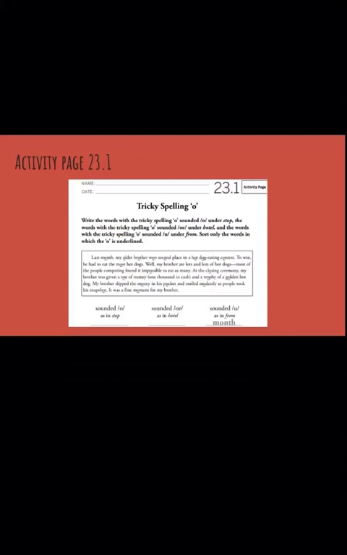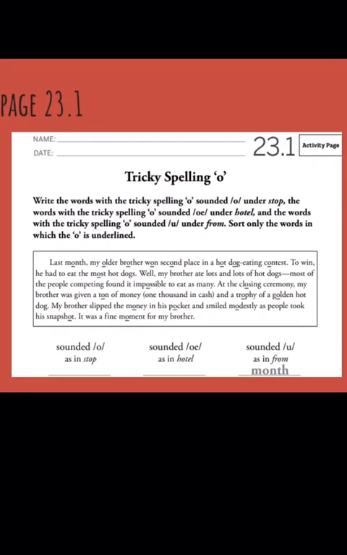We're going to do a little bit of practice with that tricky spelling O on activity page 23.1. You are going to be writing the words with the tricky spelling O sounded A under stop. The words with the tricky spelling O sounded O under hotel. And the words with the tricky spelling O sounded U under from.